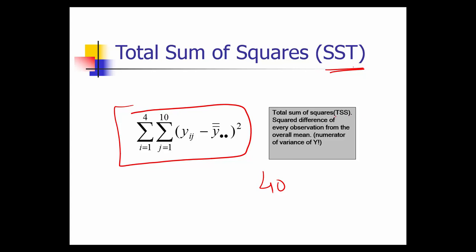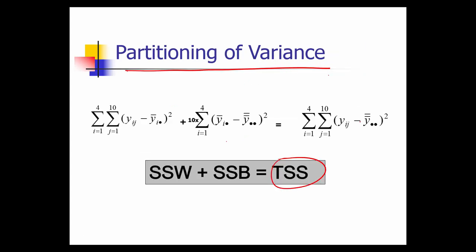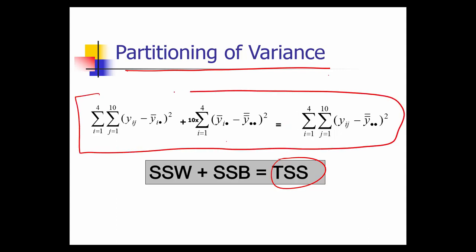Intuitively, it means that the variation among these 40 observations is the sum of the variation within each sample plus the variation within the means of each sample. If you add them up, you will simply get the total sum of squares, or total variation among all 40 samples. That's as simple as that. You can do it yourself also. If you take the data, I'm sure you will verify this expression very easily.